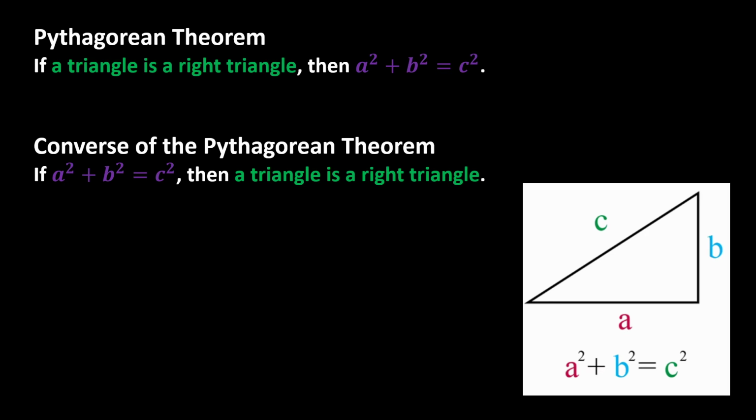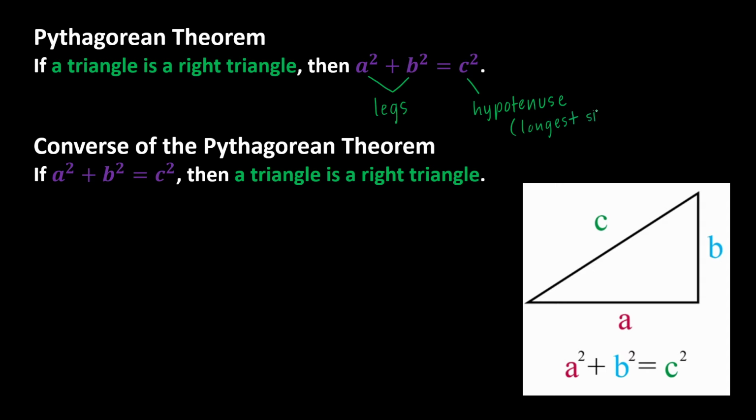To review the Pythagorean theorem, it states that if a triangle is a right triangle, then a squared plus b squared equals c squared. In more friendly terms, a and b are the legs of that triangle, and c is the hypotenuse, which in a right triangle is the longest side.